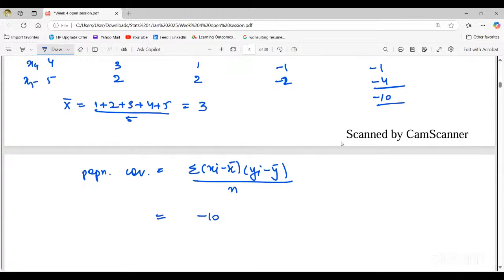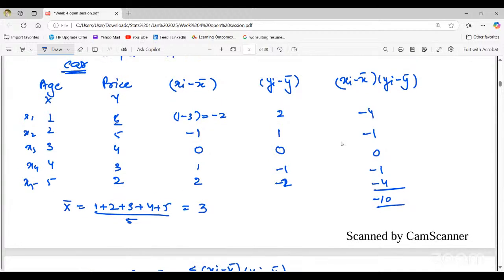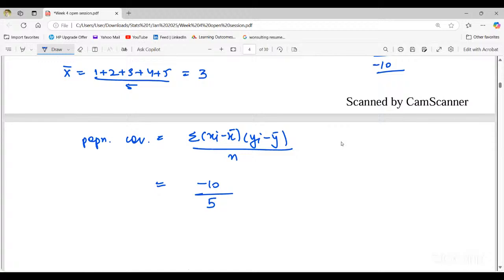This is minus 10, divided by the total number of observations, which is 5. So it is minus 10 by 5, which equals minus 2.